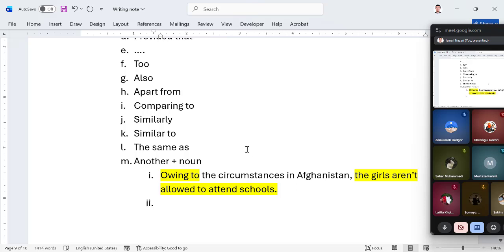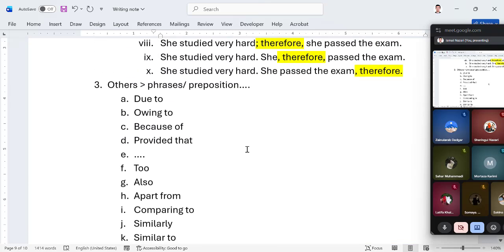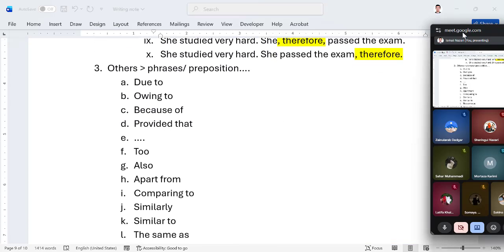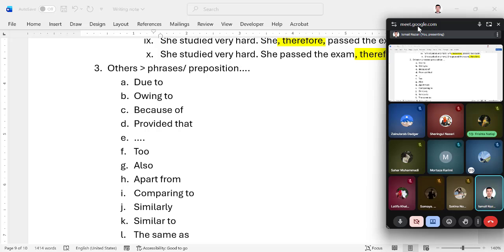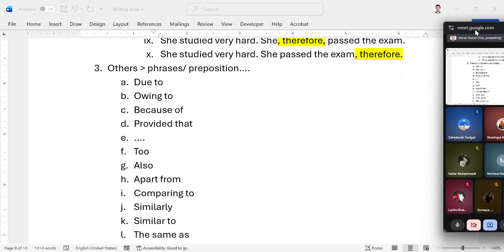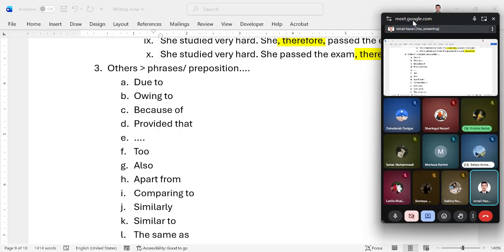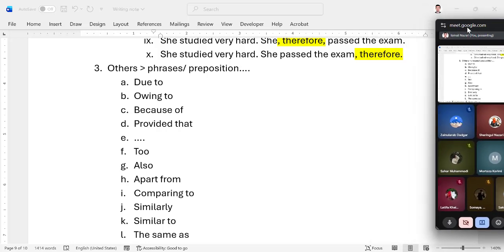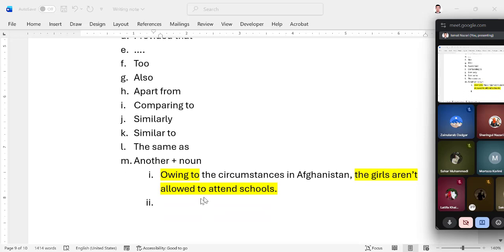So who can tell an example with any of them? Miss Ferishta. Okay, teacher. For example, my dear friends, tomorrow I cannot go shopping due to my own business.